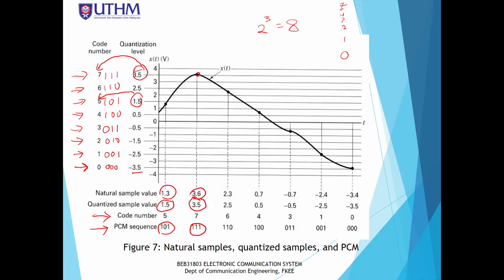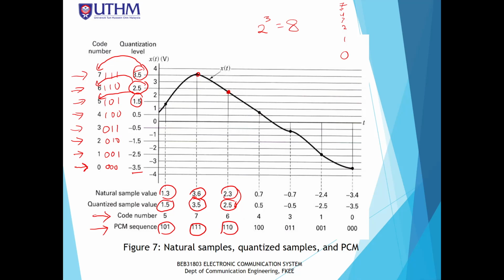The next sample value is 2.3. We quantize to the nearest level, which is 2.5. So 2.5 is assigned code word number 6, and code word number 6 in binary is 110.